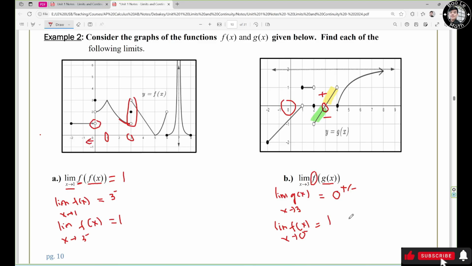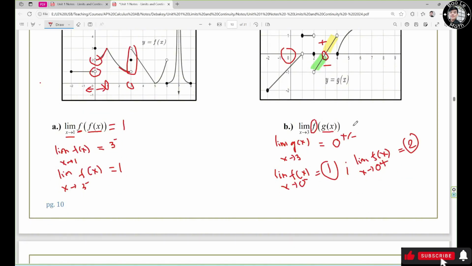Now similarly, the limit of the function f of s when s approaches 0 plus is going to be this guy right here, 0 to the right, equals 2. So since these are different, the original limit right here does not exist.